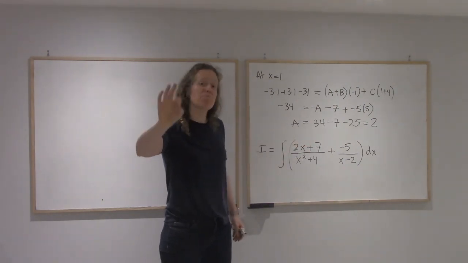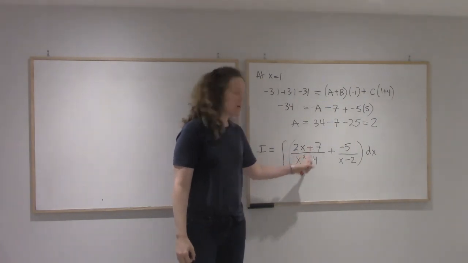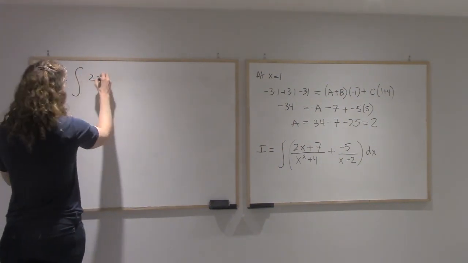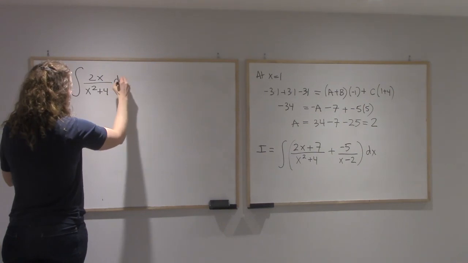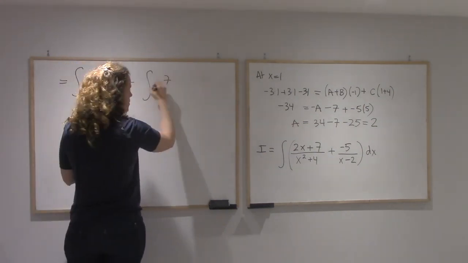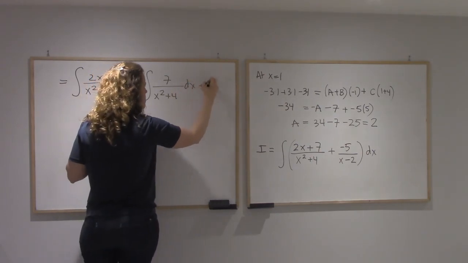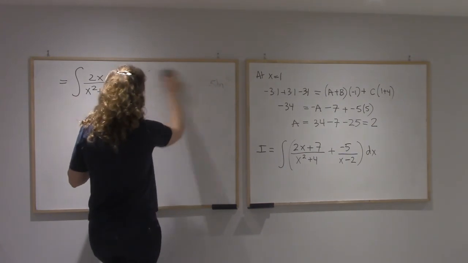So the best thing to do here is to split this up. I'm going to split it here at the sum. So I'll have 2x over x squared plus 4 plus 7 over x squared plus 4. And let me actually write it tighter.